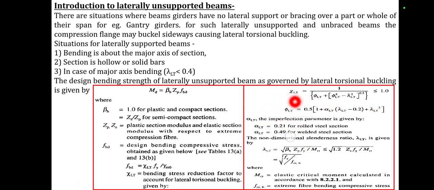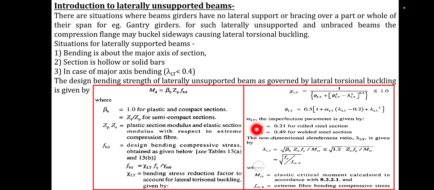Whereas again phi LT has its own formula. It is equal to 0.5 into bracket 1 plus alpha LT into bracket lambda LT minus 0.2 plus lambda LT square.